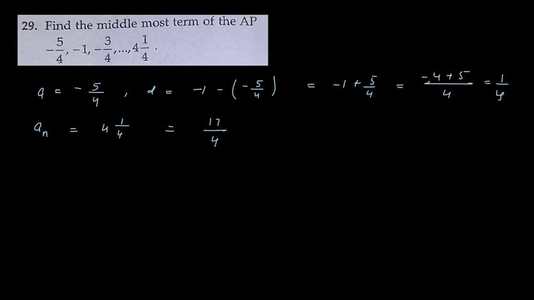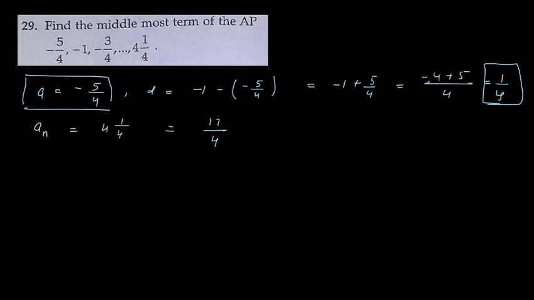Find the middlemost term. So for the middlemost term, if there are 11 terms, then the 6th term will be the middle term, right? So we have to find what is the value of n, and then we can go for the middlemost term. So an is given, the value of a is given, the value of d is given. Okay, this is the value of a, this is the value of d.